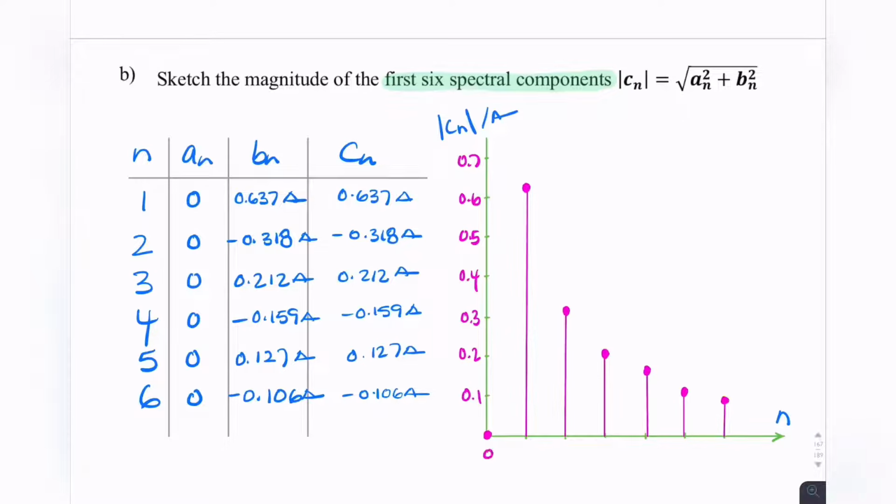So that's 0, 1, 2, 3, 4, 5, 6. So this is what you would need for full mark for part B. The first 6 spectral components. So n equals 1 to 6, but you always include the DC term.